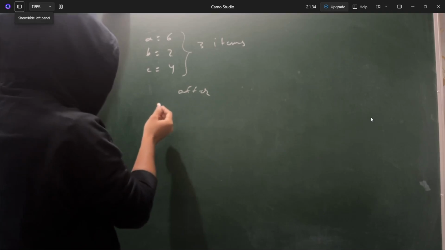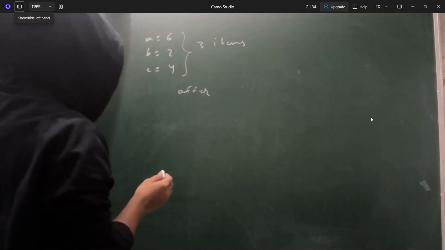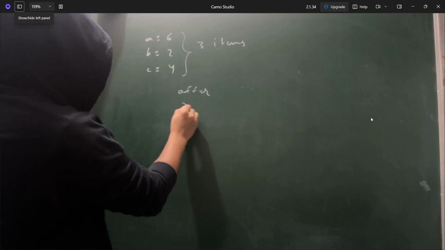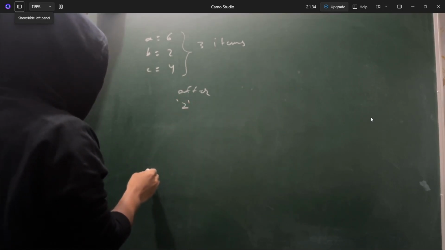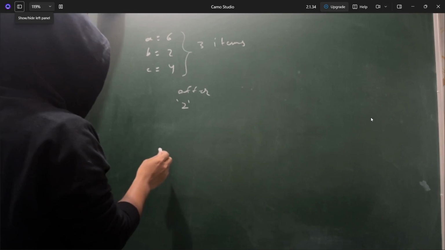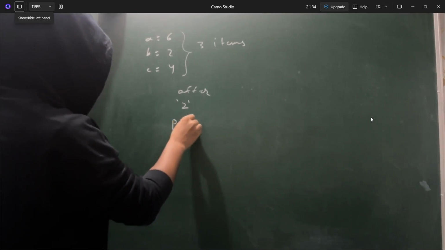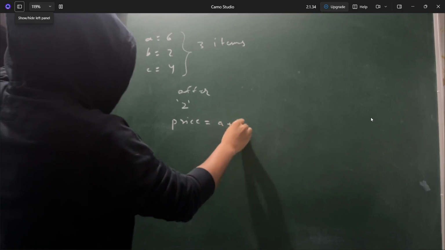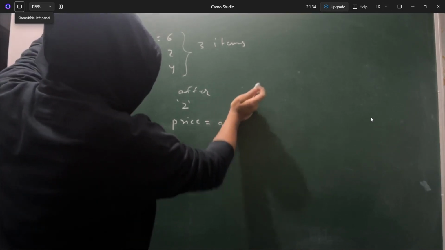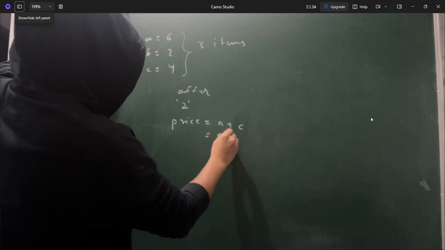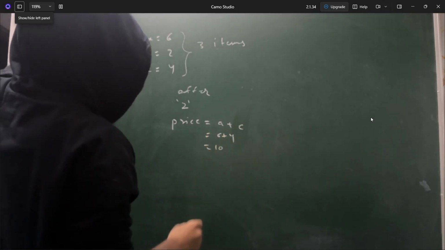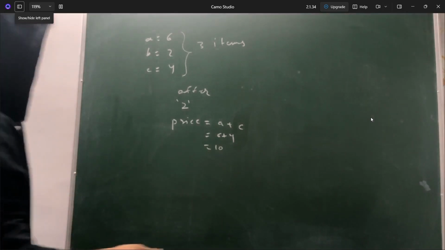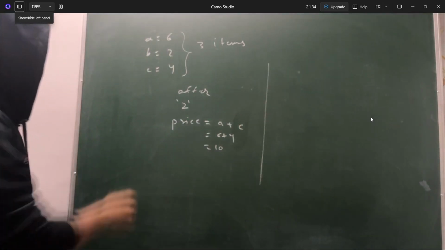Only for the remaining items he'll have to pay. For example, in this case, 2 is the lowest price of the item. So the price that he needs to pay will be only A plus C, not B, which is basically 6 plus 4, which is 10. So that is what they are saying. I think you have understood the problem statement.